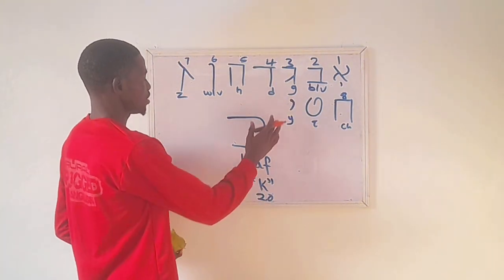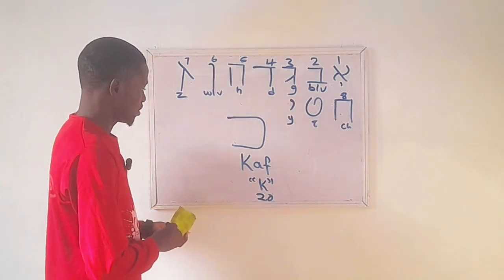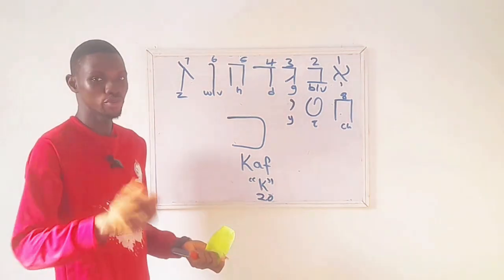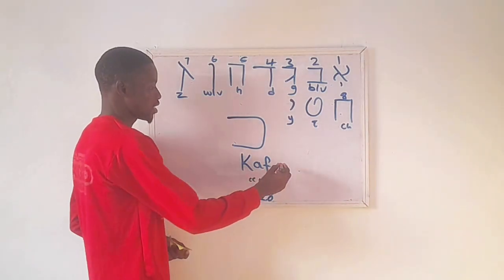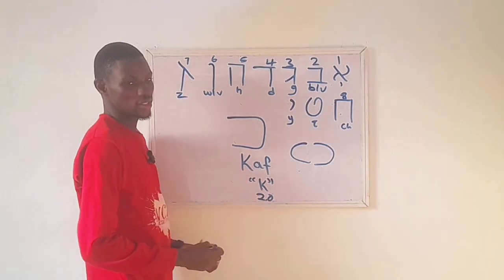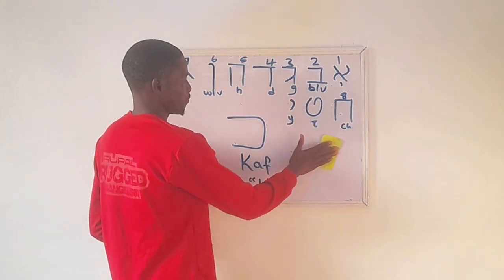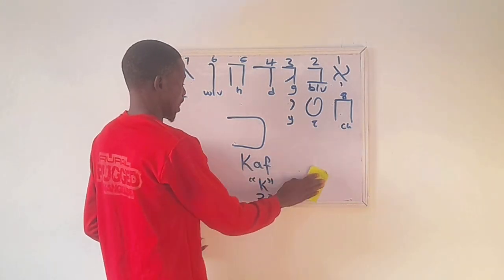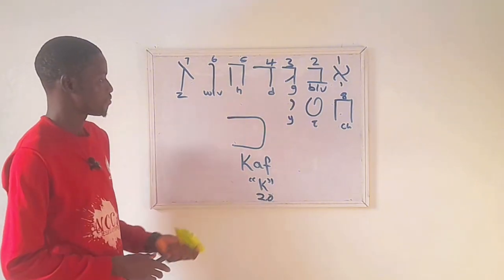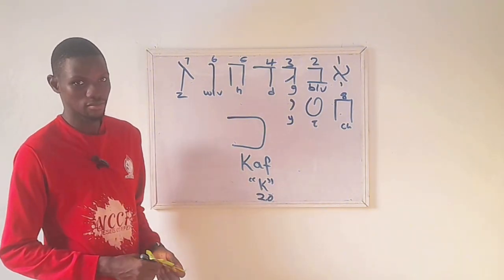Yod is 10, the next one is 20. This is Kaf, more like an opposite C. If you're writing C in English, C is like this, then this is Kaf. That is Kaf, number 20.